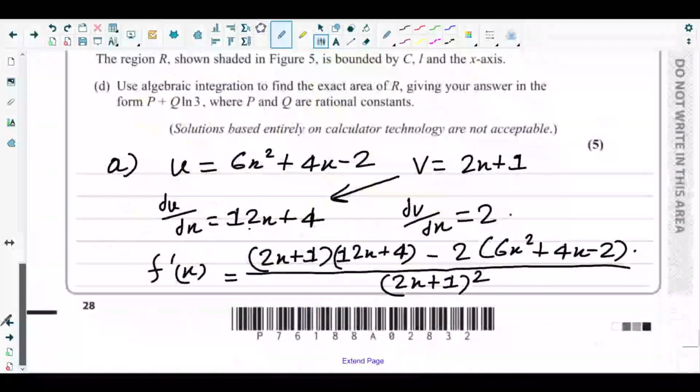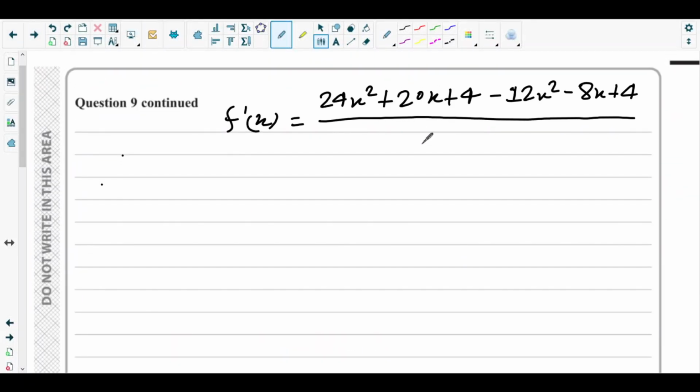Twice of x plus 1 whole squared in the denominator.